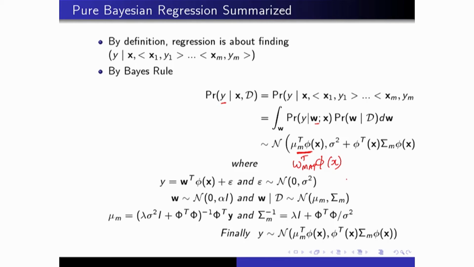So this is somewhat consistent with intuition that the posterior for a new query point still is centered around a mean which depends on the MAP estimate. In the process, we've also got a handle to the variance of the posterior distribution.